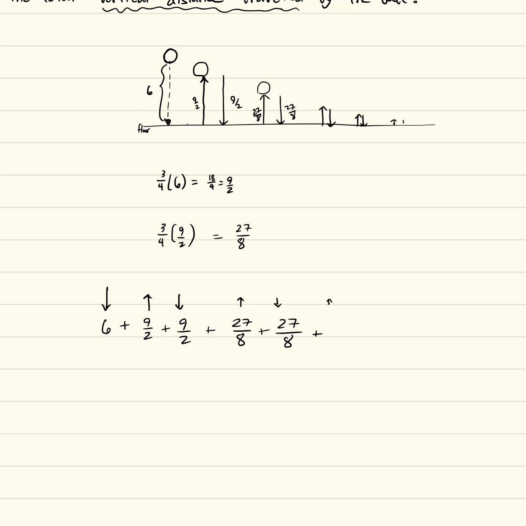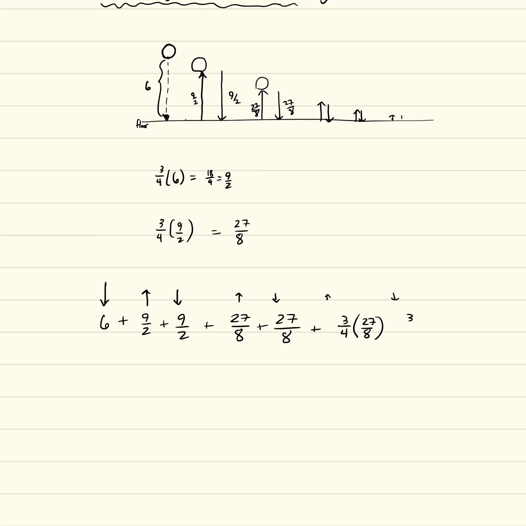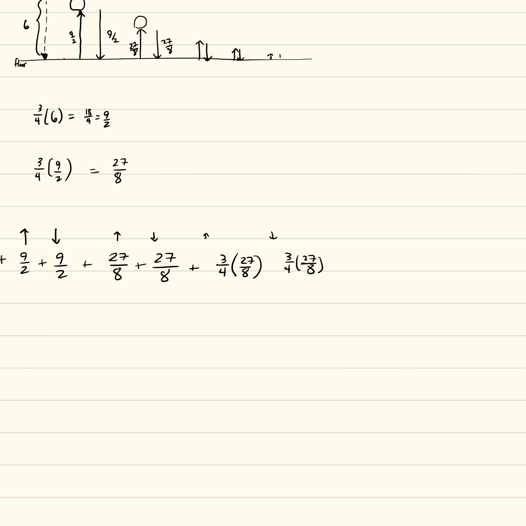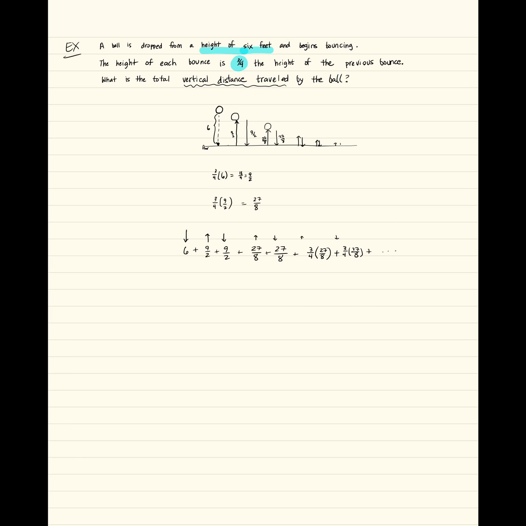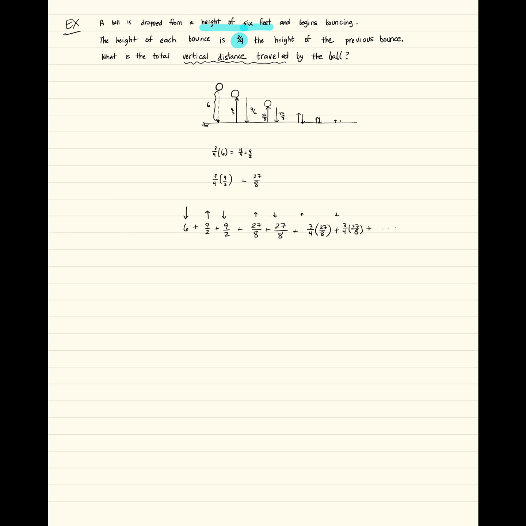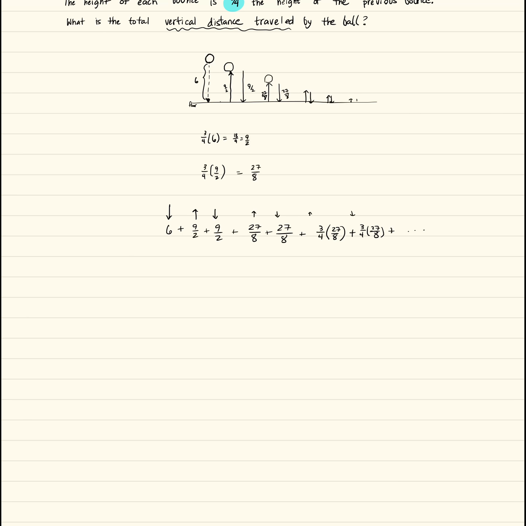The next sum will be 3/4 of the 27/8, and then going down, 3/4 of 27/8, plus dot dot dot. And all this is being repeated forever, right? So that's our question, is we've got to figure out what this is equal to.